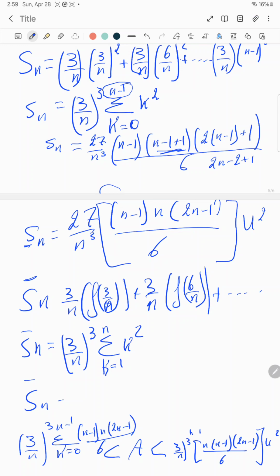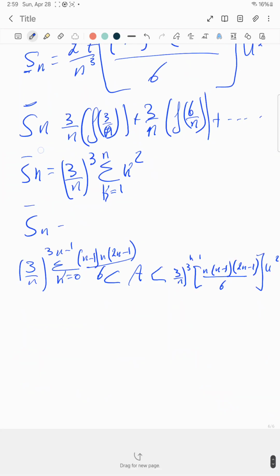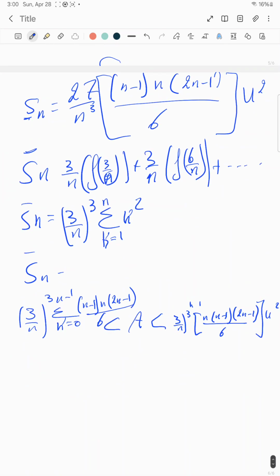So now let's study the limit when my n goes to infinity, and we will have the exact length. So let's start with this.